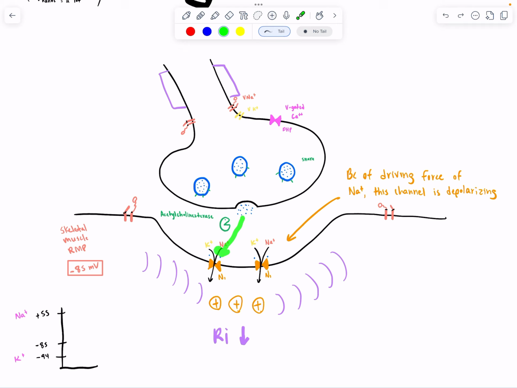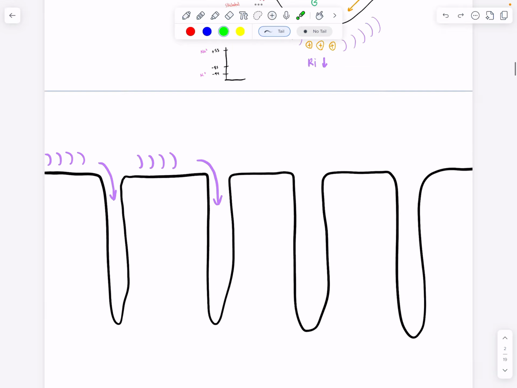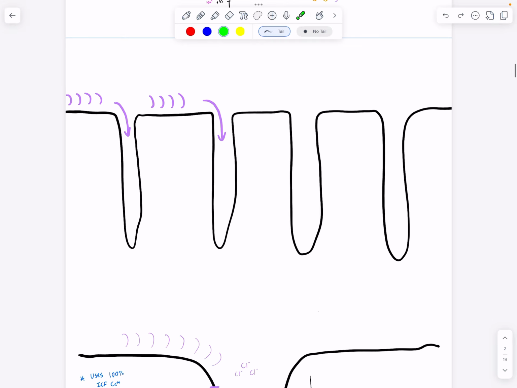Neurotransmitters come and bind to nicotinic 1 receptors, allowing a continuation of that action potential. And then the action potential goes along the outside of the skeletal muscle, and on the skeletal muscle, there are these little indentations called T-tubules, and that's where we get a lot of our calcium.